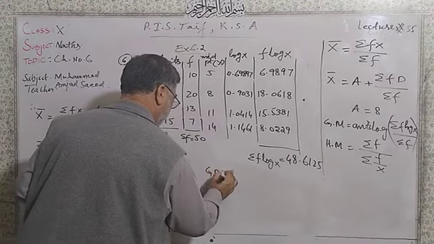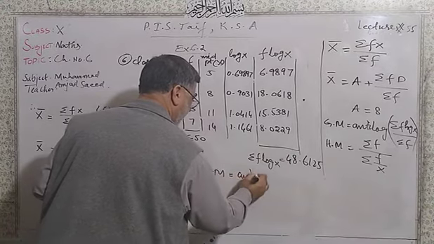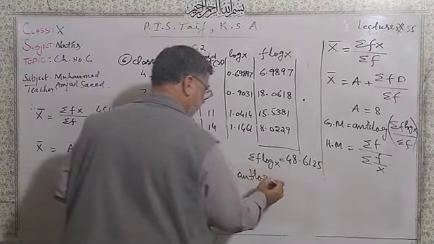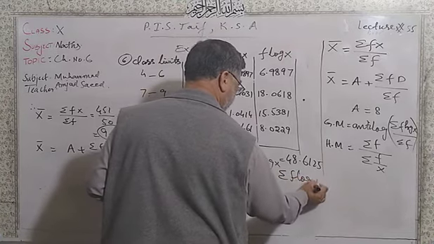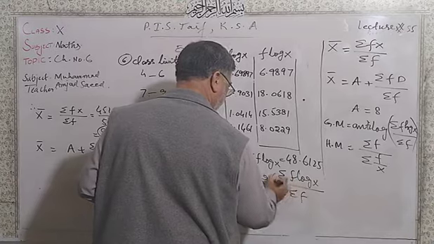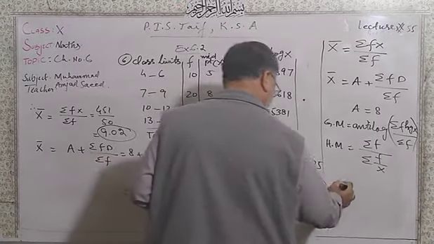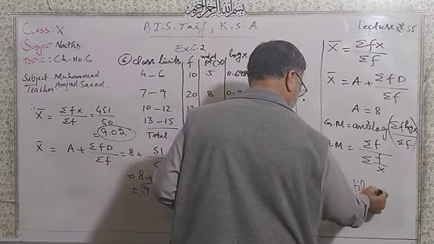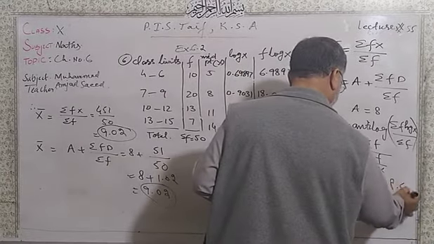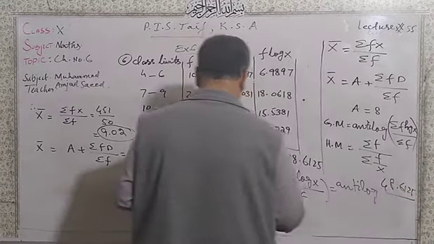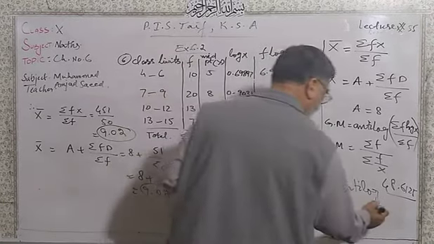geometric mean is equal to anti-log sigma f log x over sigma f, that is equal to anti-log 48.6125 divided by sigma f, that is 50.